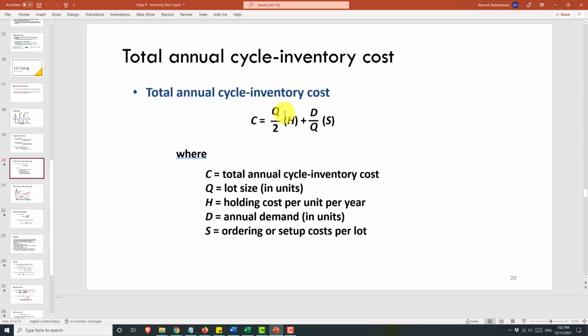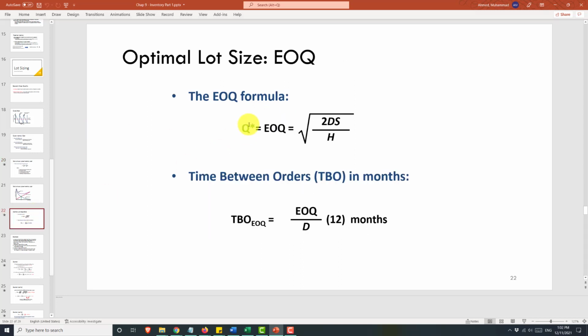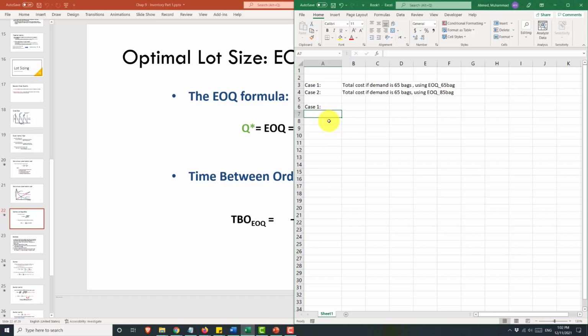Ordering cost plus the holding cost is the total relevant cost for the EOQ. And then we have the EOQ formula, which is also sometimes called Q star, which is the square root of 2D, annual demand, times S, the ordering cost per year, divided by capital H, the holding cost for 1 unit of inventory per year.